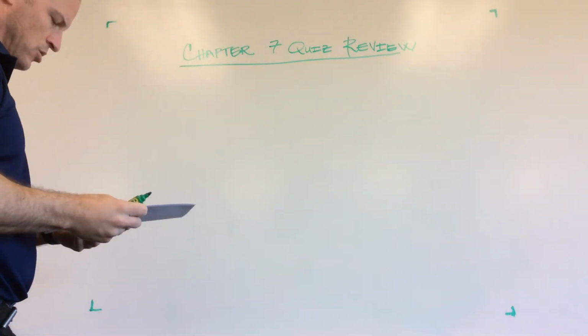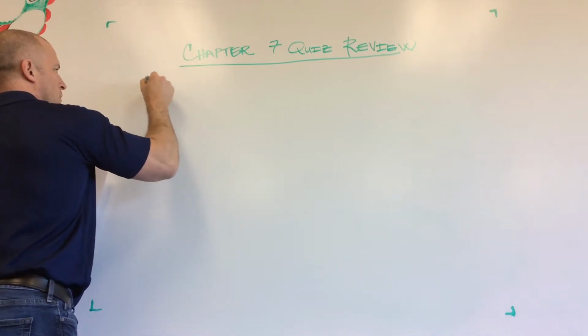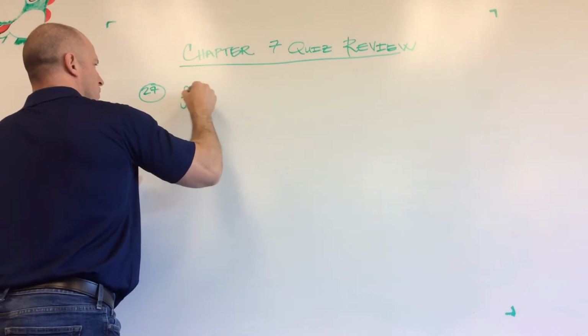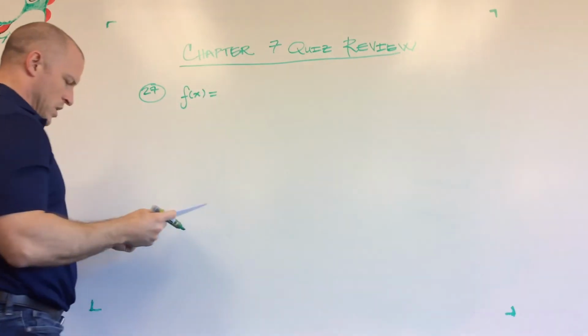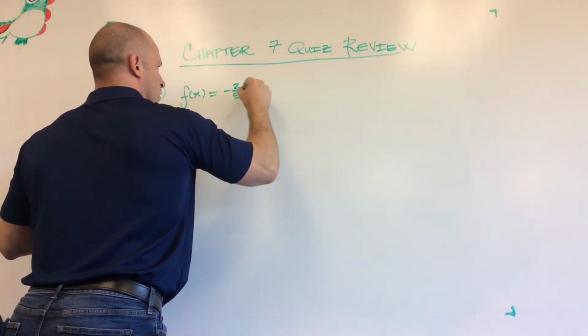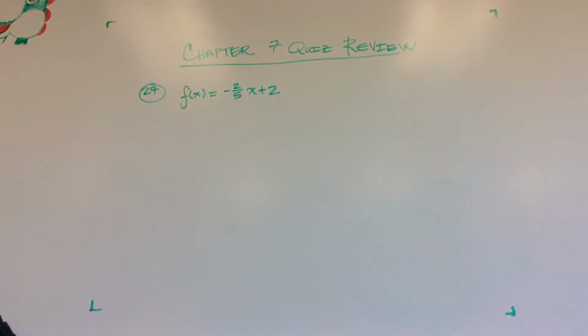Number 27 asks us to do the same thing with a different function f. And in 27, our function f is negative 2/5 x plus 2.